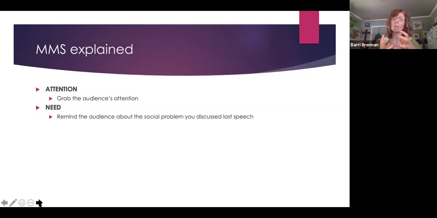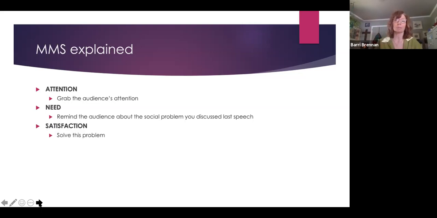The speech is not about the problem, it's about the solution to the problem and how you're going to implement that. But we need to be reminded about the problem. You've talked about that in your other speech, but pick out the most basic parts of it that give us a real good idea of what that problem is.